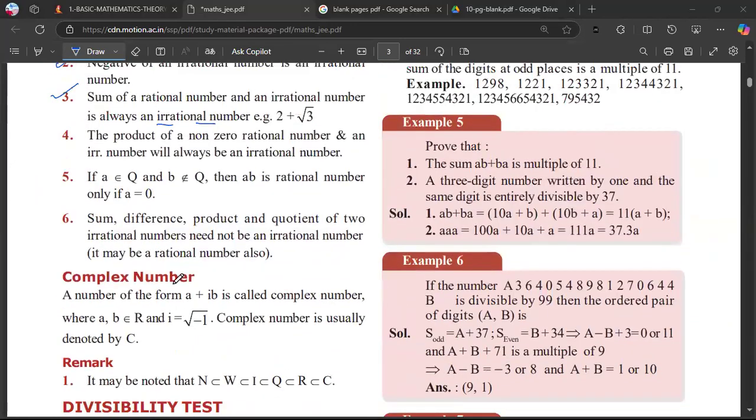So yeah. The product of a non-zero rational number and an irrational number will always be an irrational number.